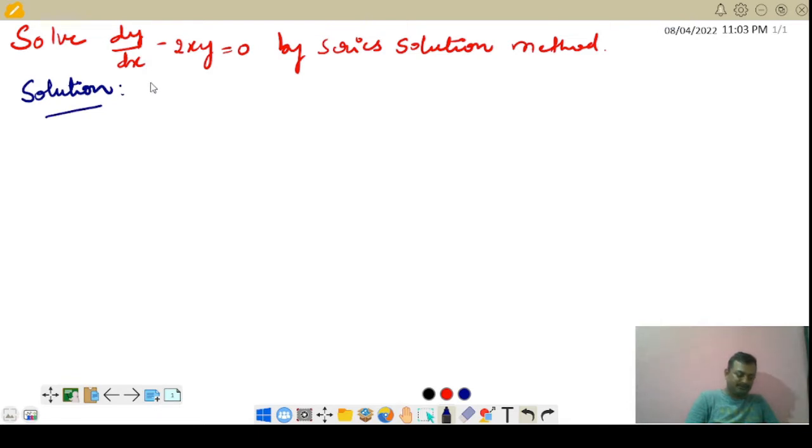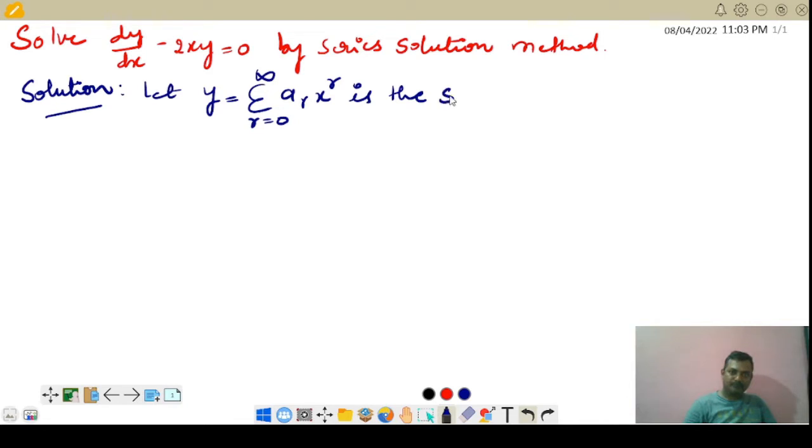Solution is, let y is equal to summation r runs from 0 to infinity a_r x raised to r is the solution of the given equation. Call it as equation 1.